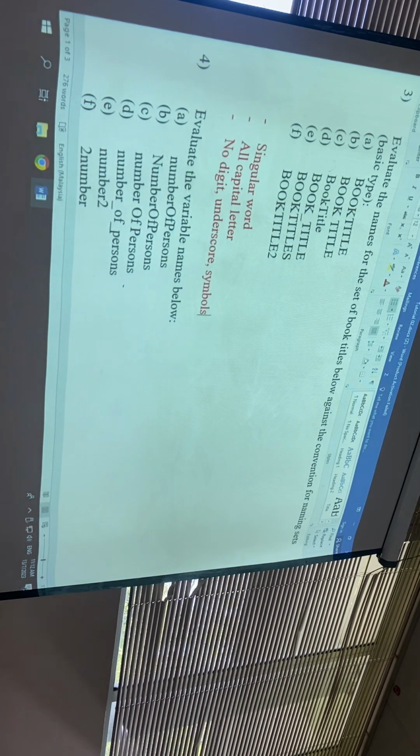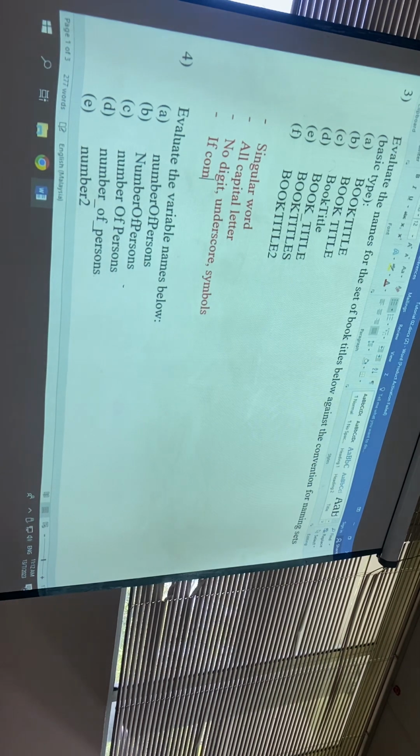Then if you combine two or more words, all must be shown as one word only, without underscore and so on.